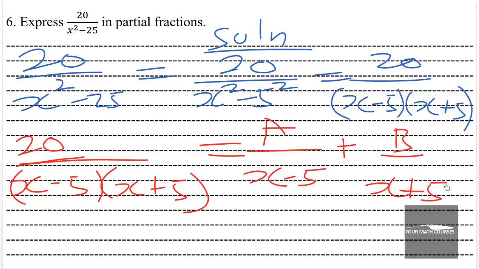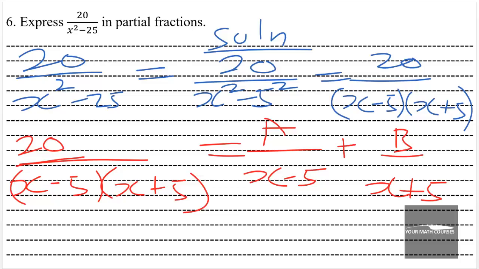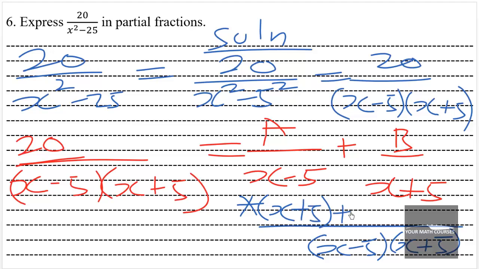So what do we do next? We find the LCM. The LCM is x minus 5, x plus 5. So we obtain a into bracket x plus 5, then we have b into bracket x minus 5 here.